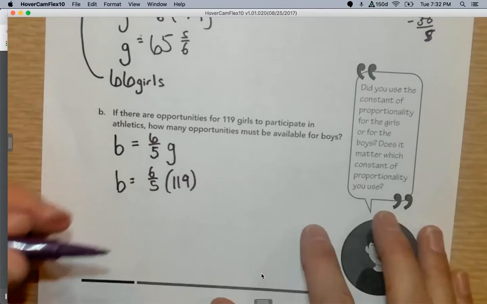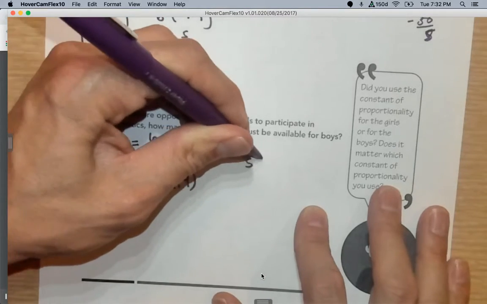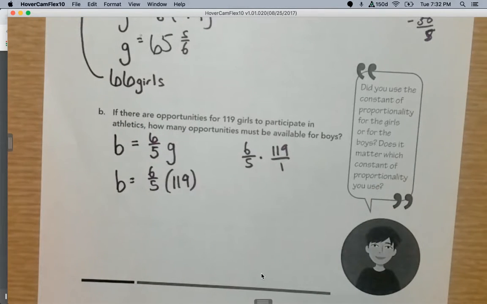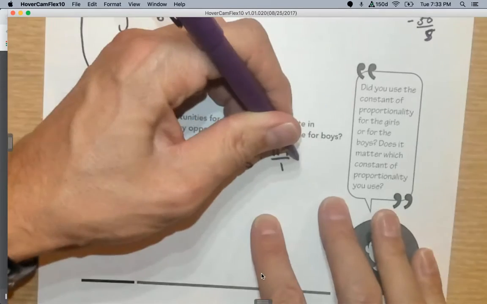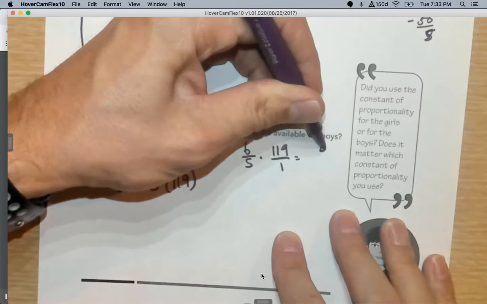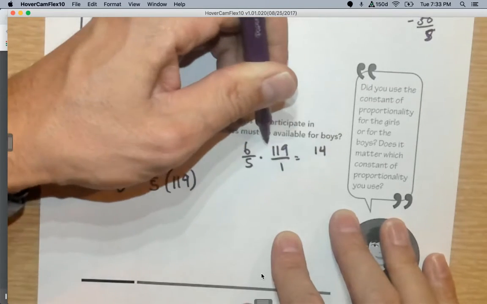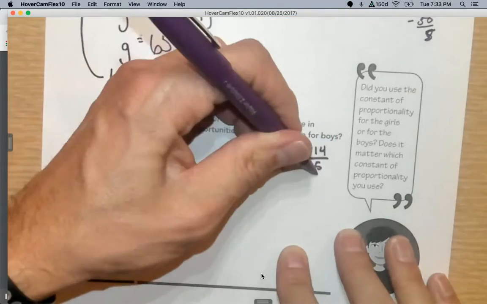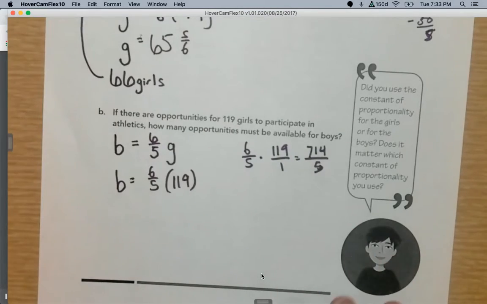I'm multiplying that out, 6 over 5 times 119 over 1. I can write any number as a fraction by putting it over 1. Then 6 times 119 is going to give me 714 over 5. Every fraction is a division. Every division is a fraction.